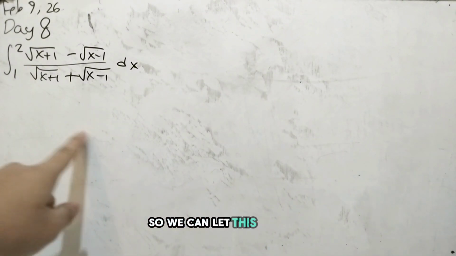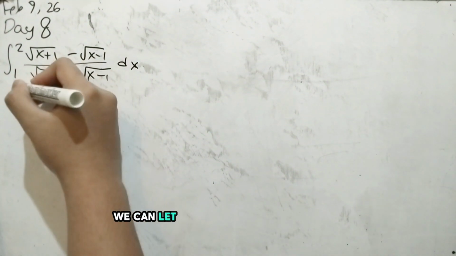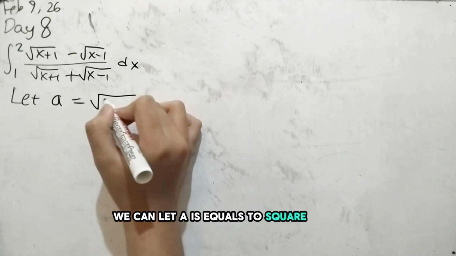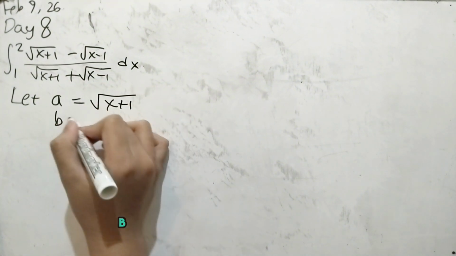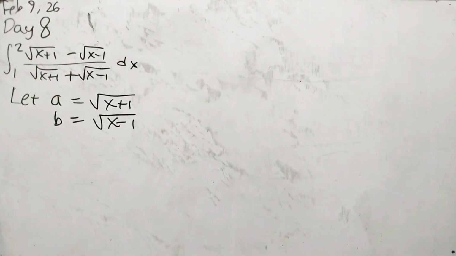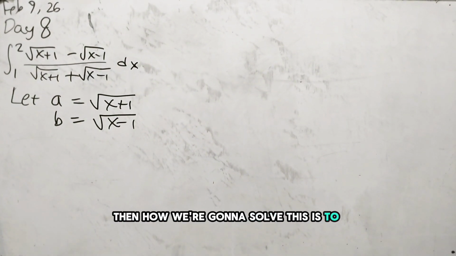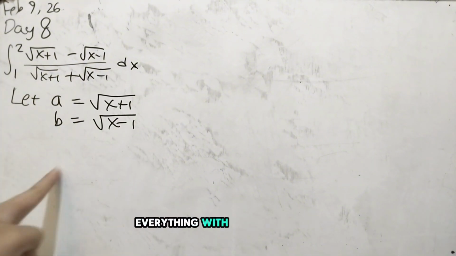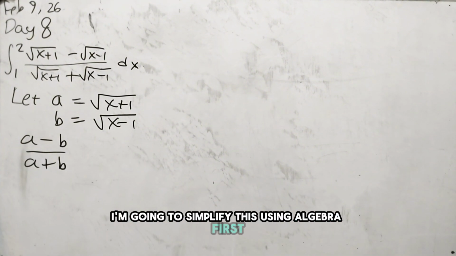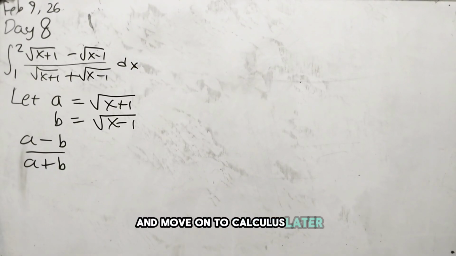So we can let a equal the square root of x plus 1, and b equal the square root of x minus 1. Then how we're going to solve this is to just replace everything with these variables. I'm going to simplify this using algebra first and move on to calculus later.